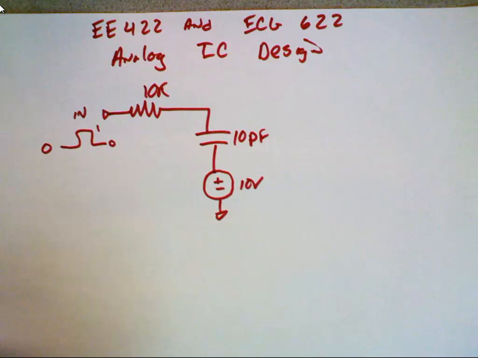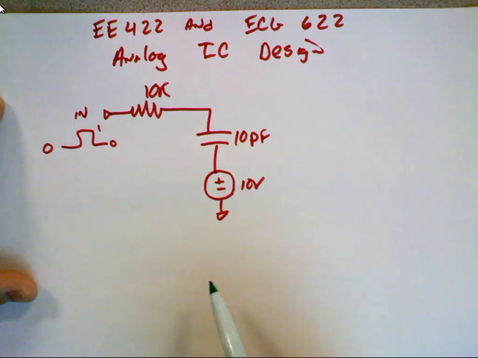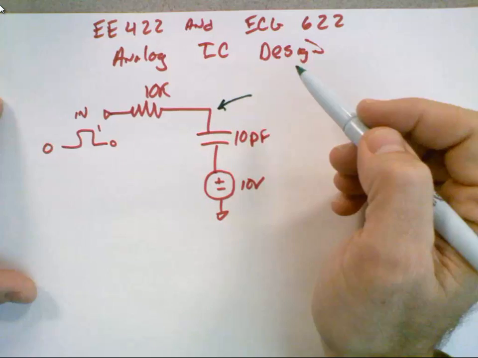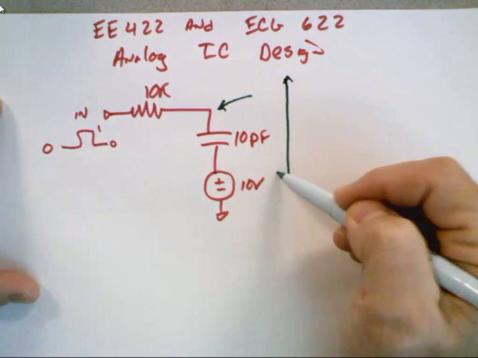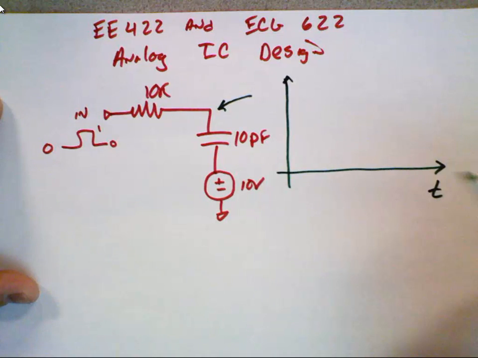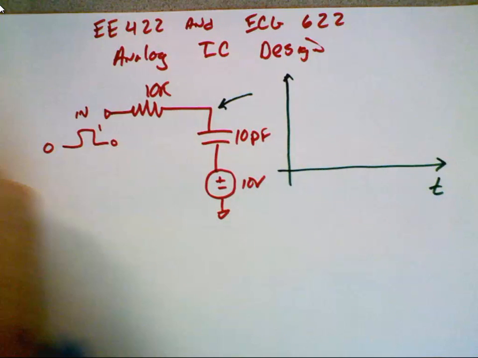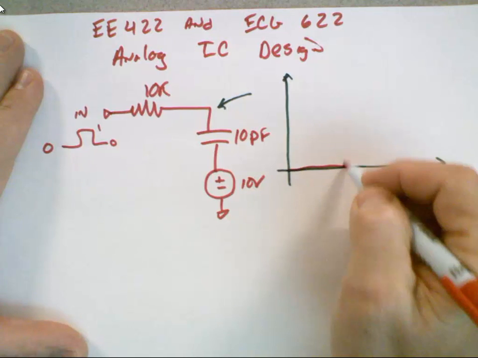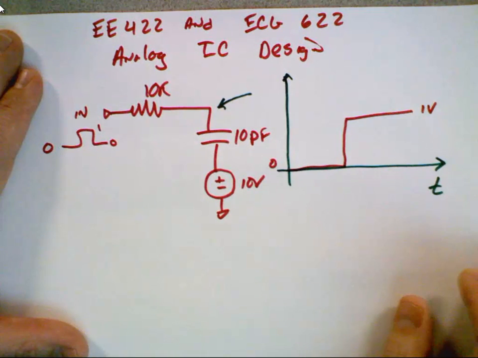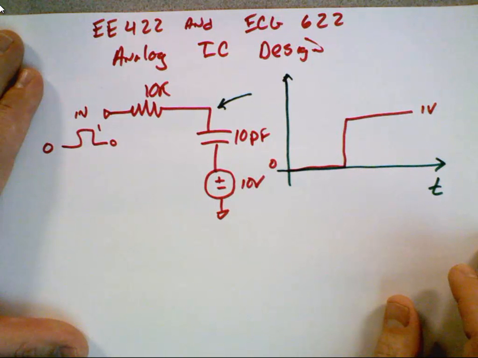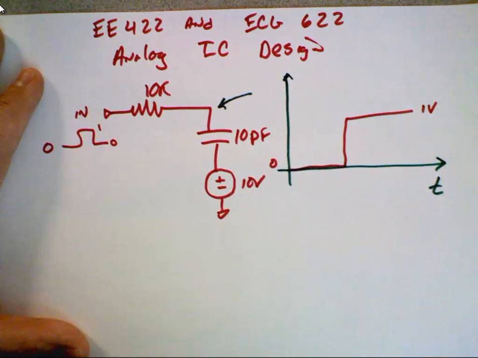So, if I ask you, how long, first, can I sketch the voltage there? So here's my input. And my input comes in. It goes from 0 to 1 volt. I want you to sketch the output.